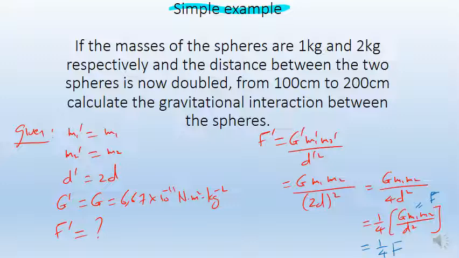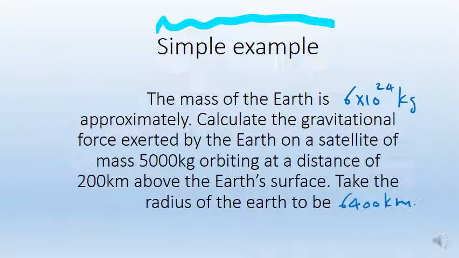As we expected, the force must decrease. So it's actually F over 4. So if we double the distance between the interacting bodies, then the gravitational interaction is quartered, if I can use that. It's a quarter of the original force. Easy peasy, no sweat.